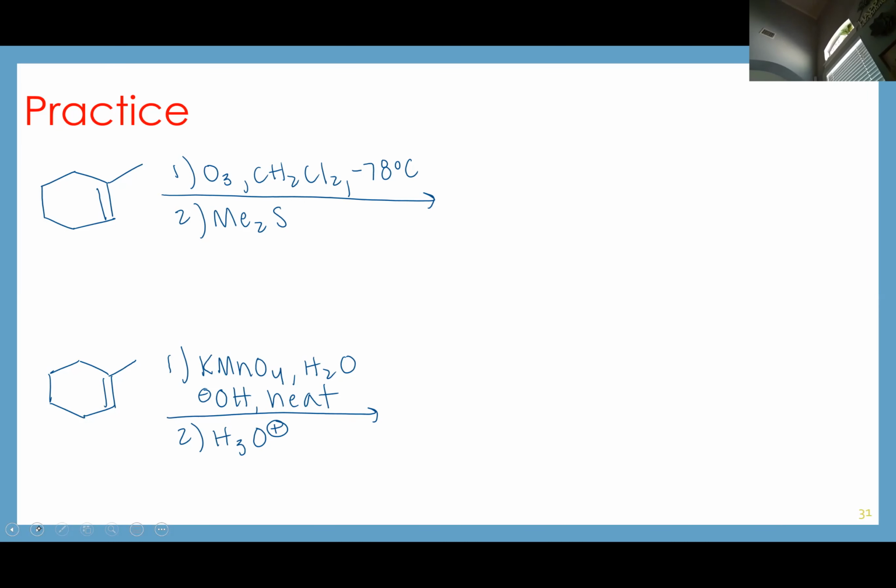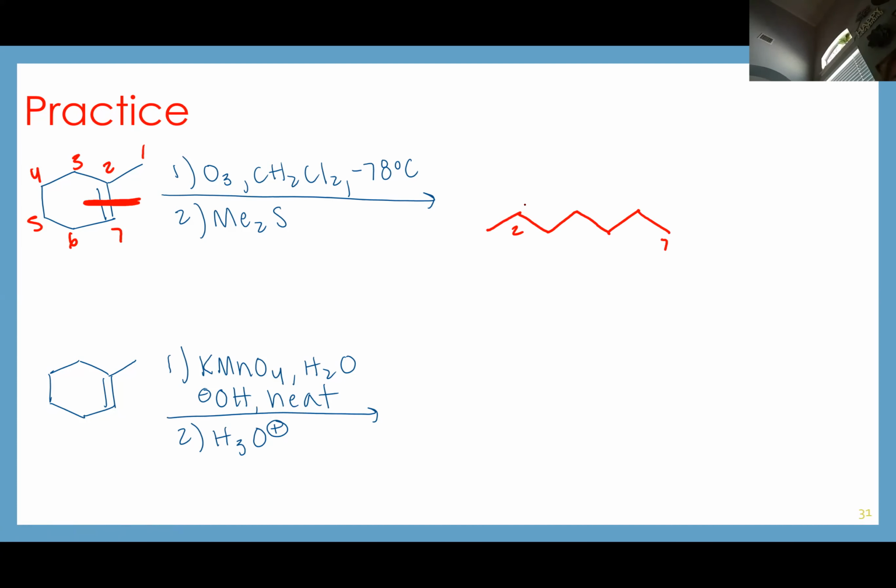So exact same process. We're going to break the alkene, redraw the carbon framework. 1, 2, 3, 4, 5, 6, 7. There are 7 carbons. So I'm just going to draw that out. Now, carbon 2 and carbon 7 had the alkene on it.